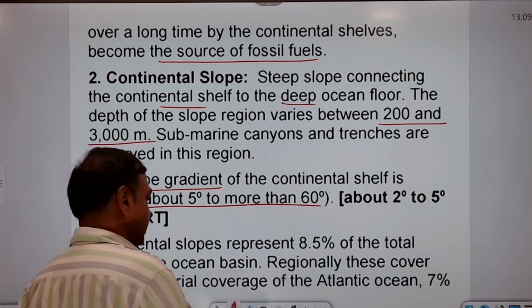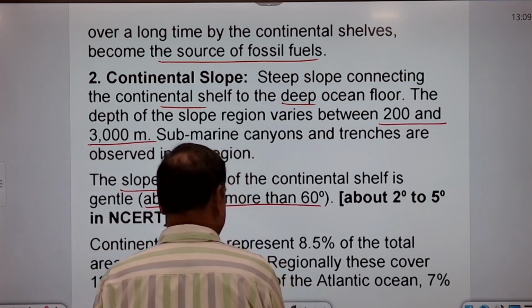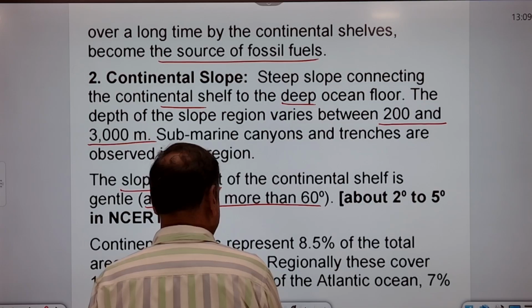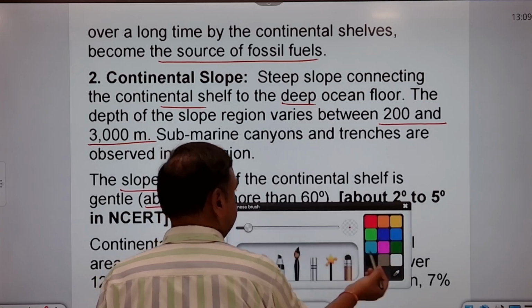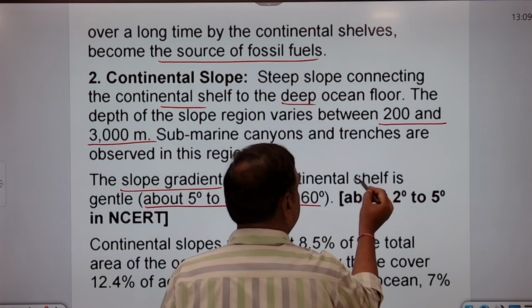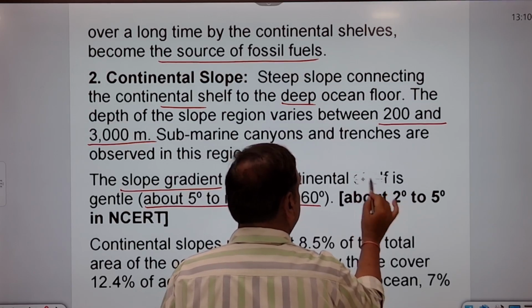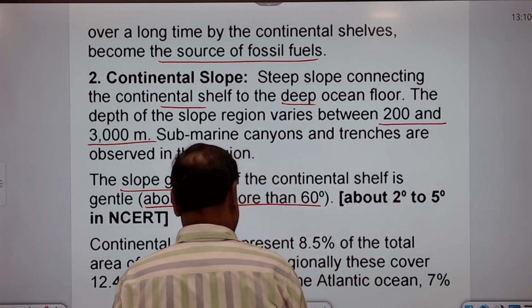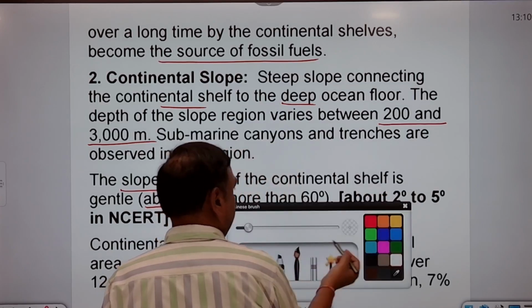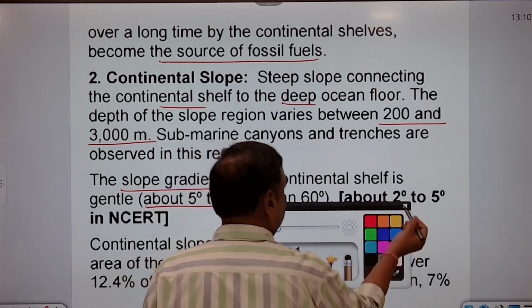One thing is written wrong here. It is not the continental shelf, it is basically the continental slope, okay. I have to just clear it out.